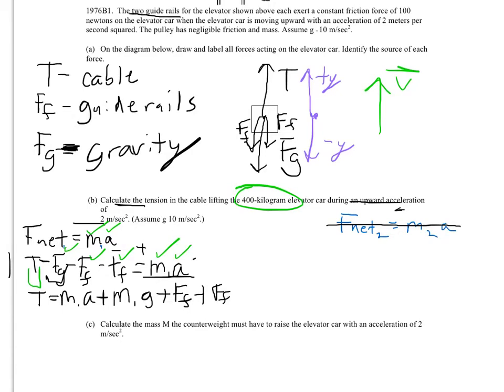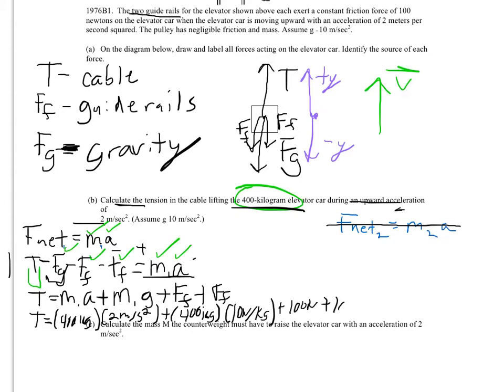So let's plug in numbers. Tension equals 400 kilograms, that's the mass from the problem, times 2 meters per second squared, plus 400 kilograms times 10 newtons per kilogram, gravity, plus 100 newtons for the first friction, plus 100 newtons for the second friction.